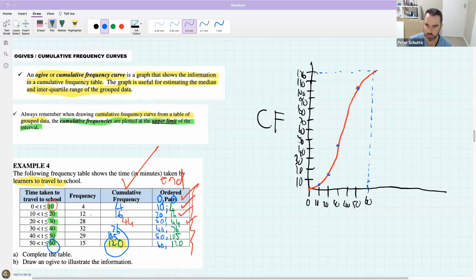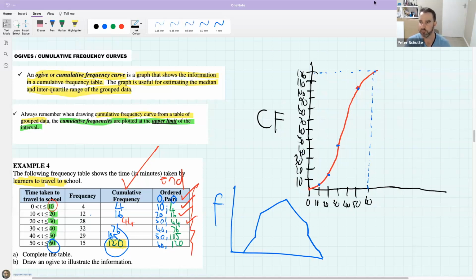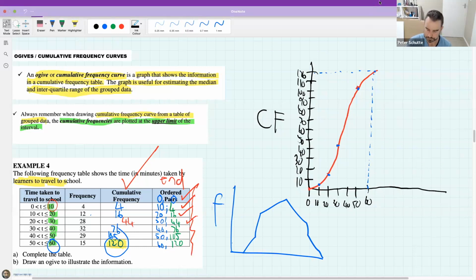And so it ends when it gets to 60, 120, that's the last point. I don't need to come back again. That is a thing for the frequency polygon, which looks more like that. But remember, this was dealing with frequency here, whereas this one is dealing with the cumulative frequency. Okay. I think we've done quite a lot today.